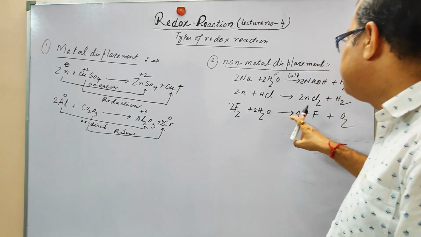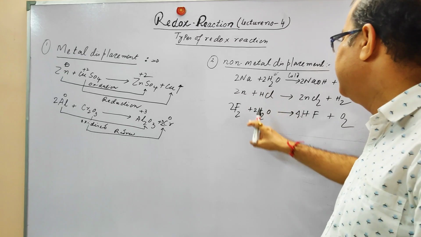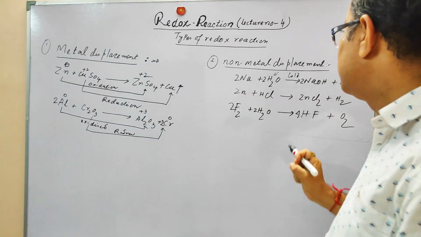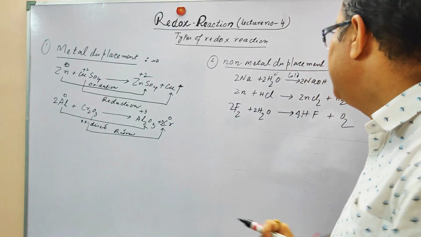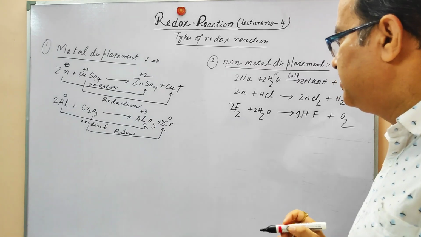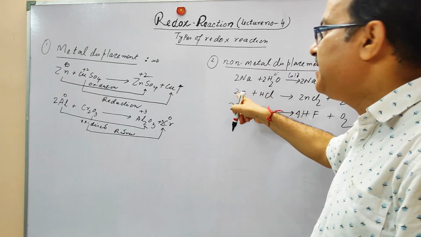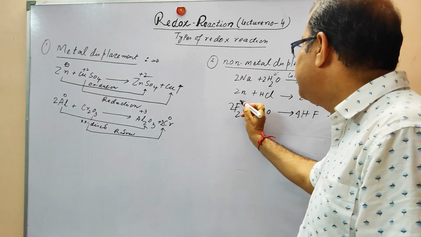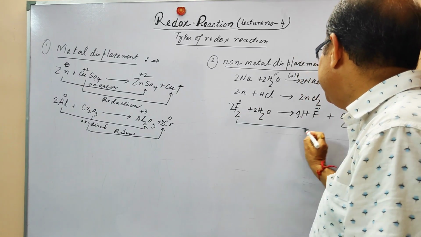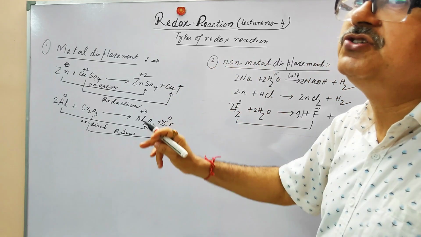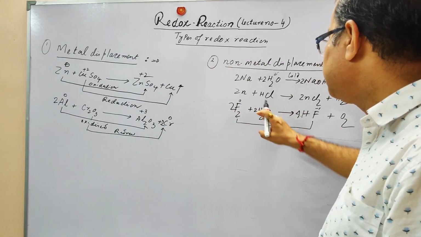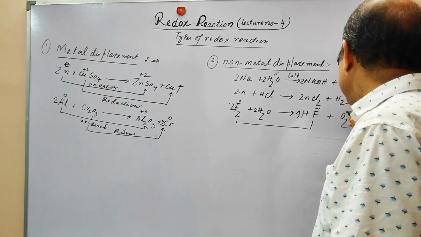You can see the fluorine displaces oxygen from the water because fluorine has a very high oxidizing power, so it can accept electrons, and here fluorine acts as an oxidizing agent, while the metal acts as a reducing agent. Fluorine goes from oxidation number 0 to -1, meaning it is reduced, meaning it is an oxidizing agent. It oxidizes the oxygen of H2O to produce this.